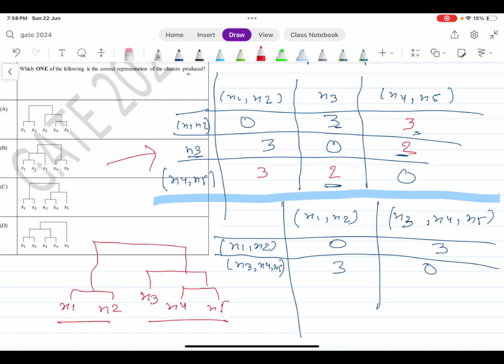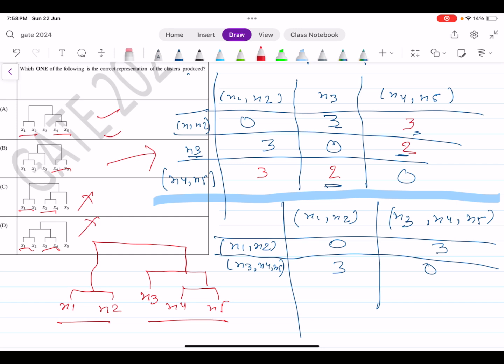So if you see which of the options are there, x1 x2 okay, x4 x5 okay. These two are fine, these two are not, because the initial clusters were x1, x2 and x4, x5, so x1 x2 x3 x4 is incorrect. So these two are for now fine.